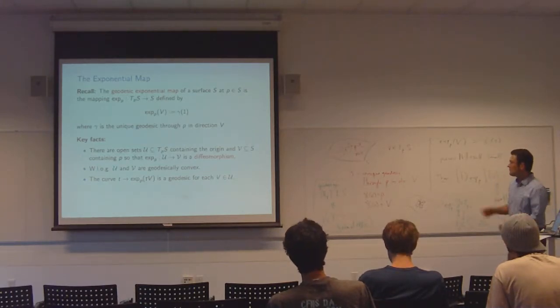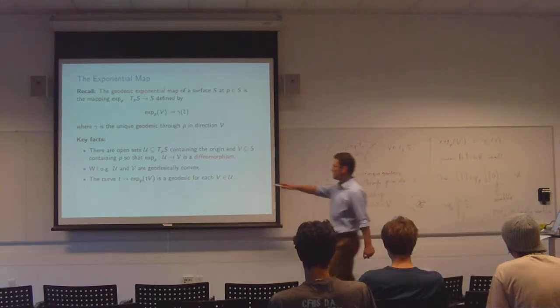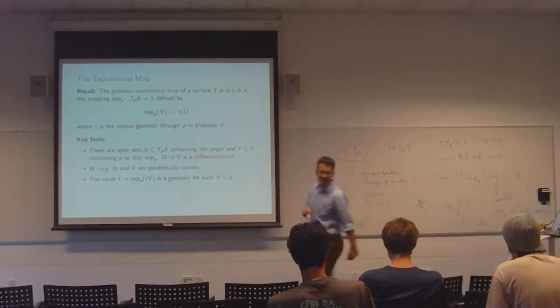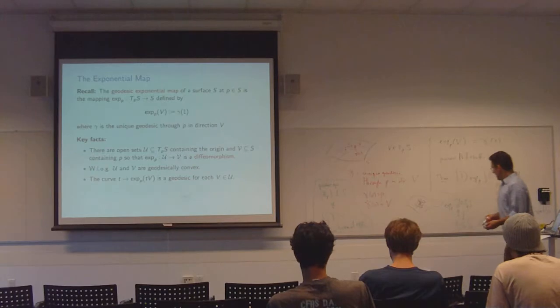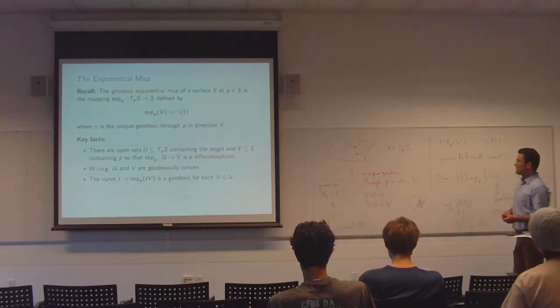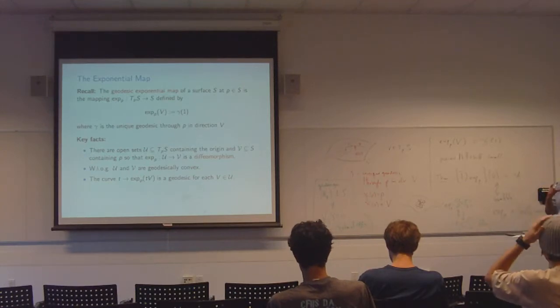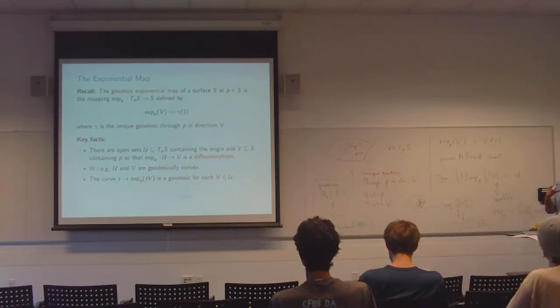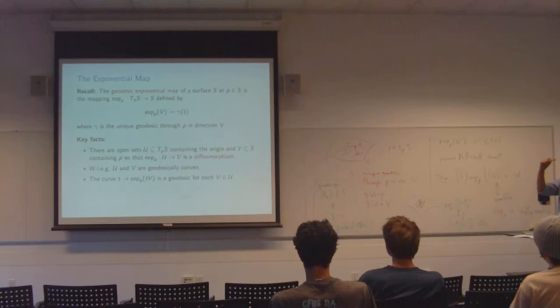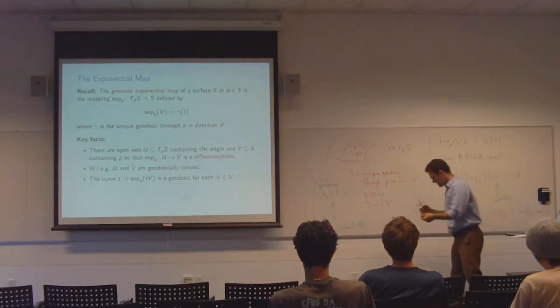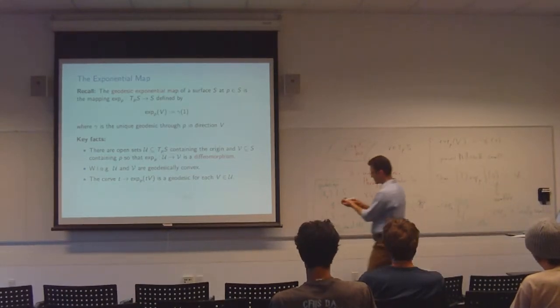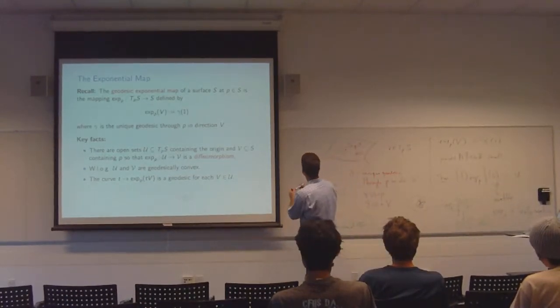Okay, so a couple other facts. Well, we did not prove this one, the second fact, but it's still true. It is that you can take these balls, these neighborhoods, U and V, you can assume that they're geodesically convex. What this means is you take any 2 points in there, you trace a geodesic between them, and it stays inside that ball. So geodesic convexity just means, well, the picture means this.